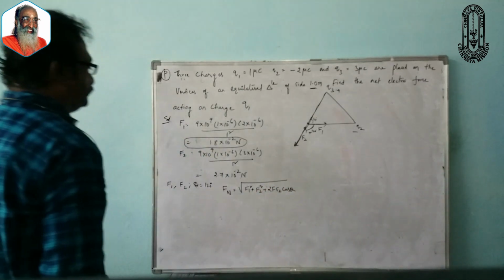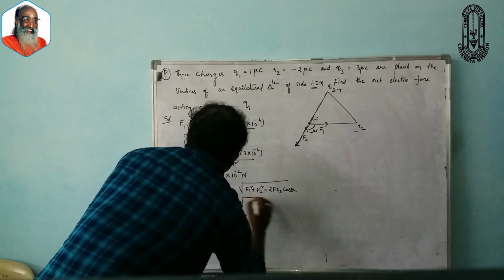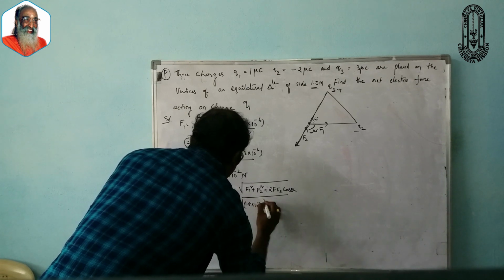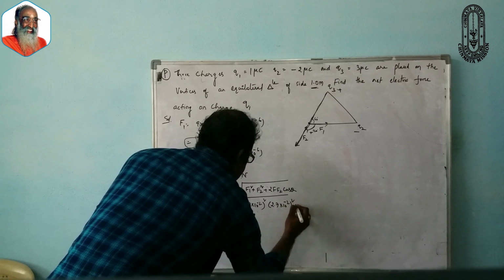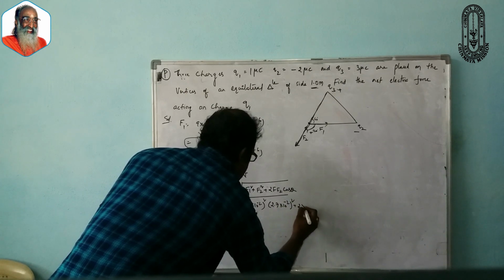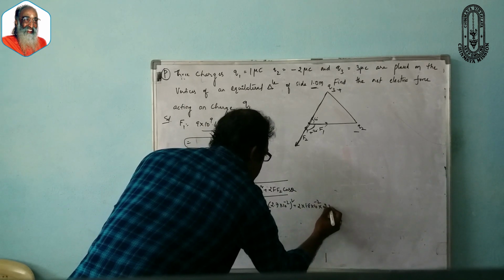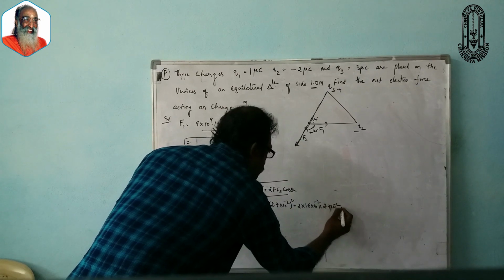So what is your F1 square? It is 1.8 into 10 power minus 2 whole square, F2 is 2.7 into 10 power minus 2 whole square, plus 2 into 1.8 into 10 power minus 2 into 2.7 into 10 power minus 2 and cos theta, cos 120.